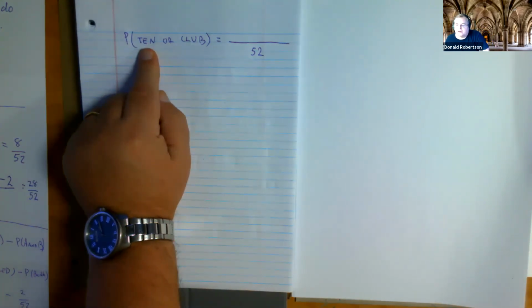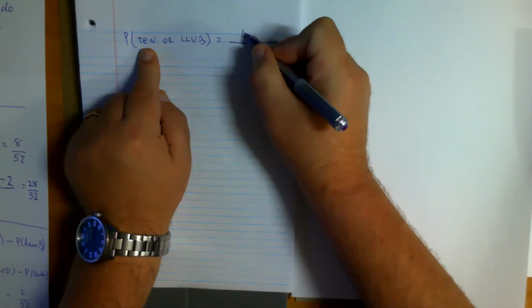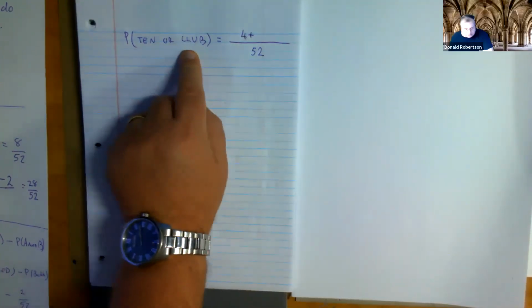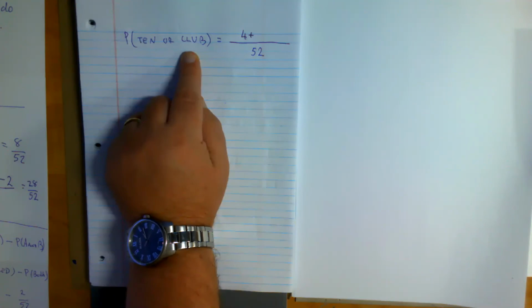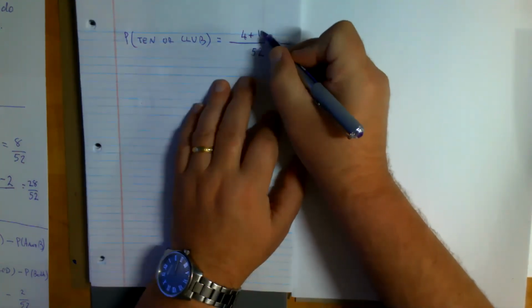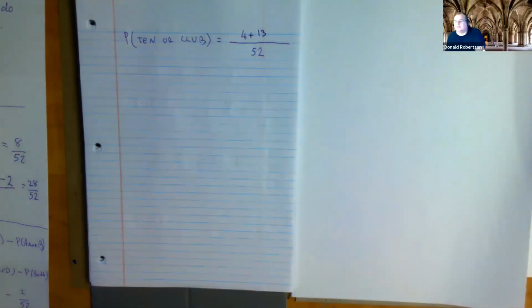How many 10s are there in a deck of cards? 4. Great. How many clubs are there in a deck of cards? 13. 4 suits of 13.